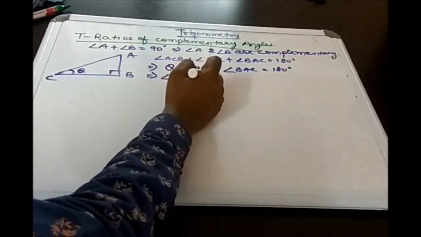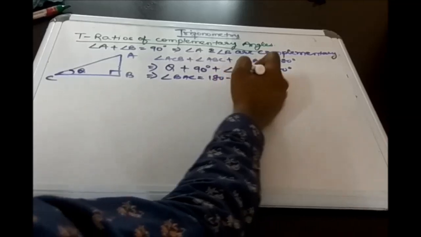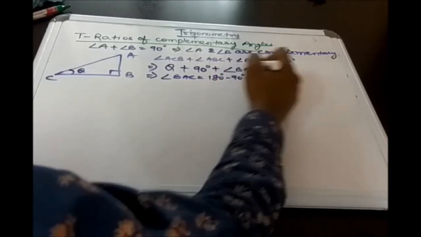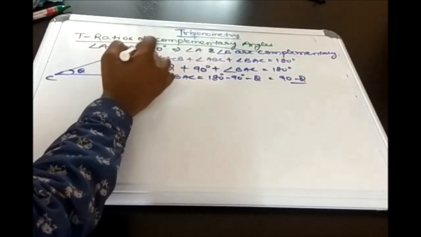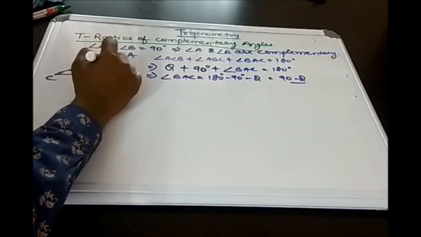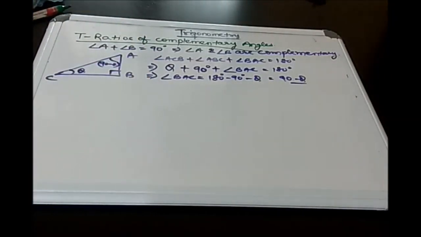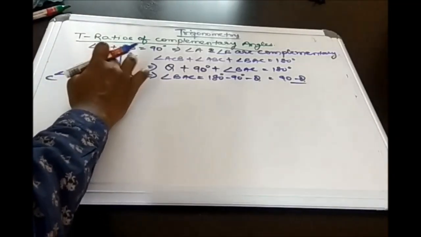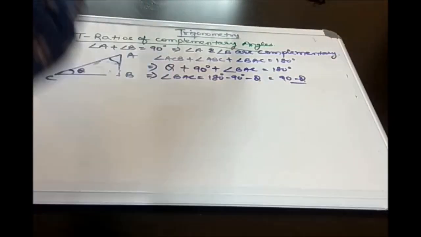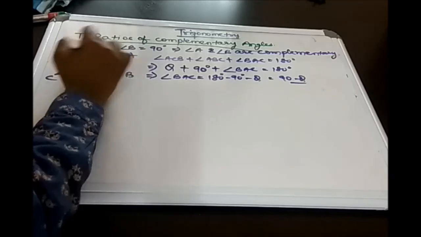This means angle BAC is equal to 180 minus 90 minus theta, that is 90 minus theta. So angle BAC will be 90 minus theta.